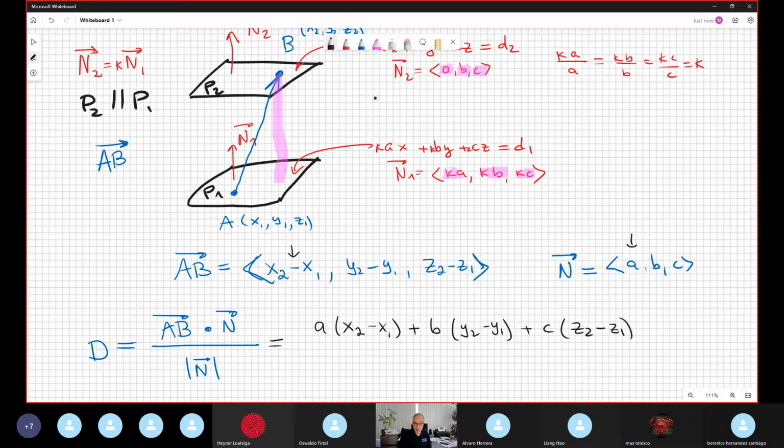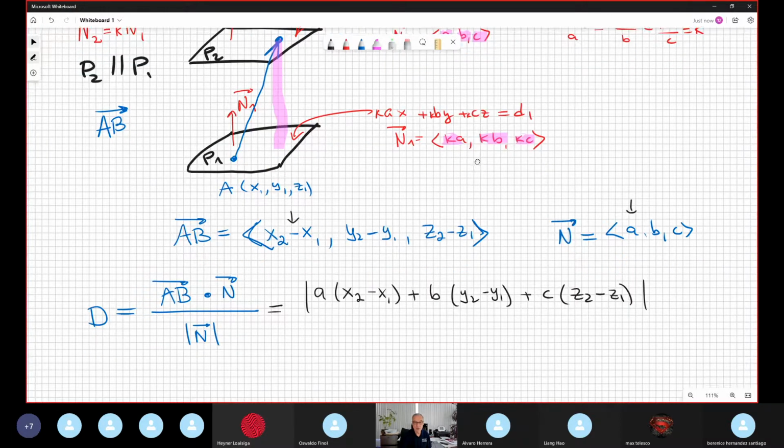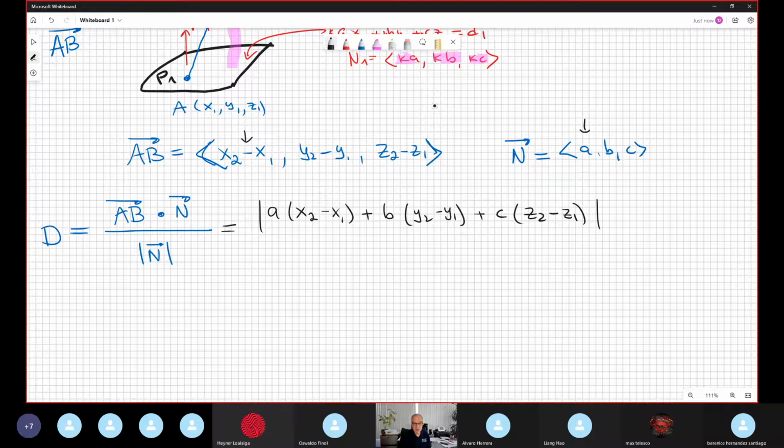Of course, just in case, to make sure, I put the absolute value, no? Because I want to guarantee that this is a positive number, because we compute distance divided by the magnitude of the normal vector, which is square root of a squared plus b squared plus c squared.